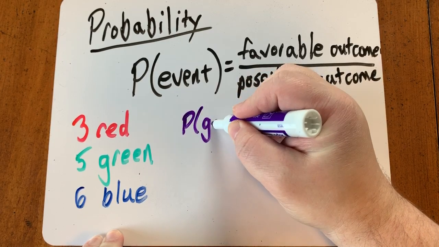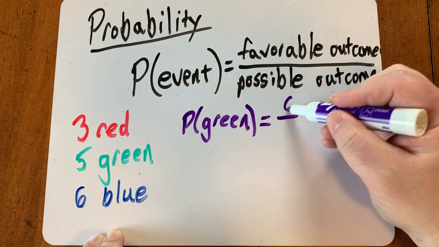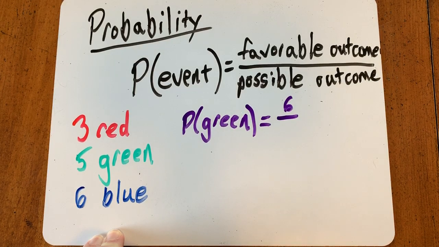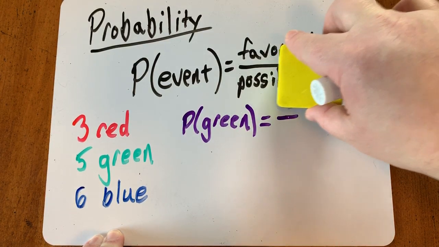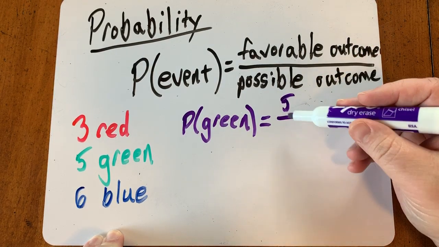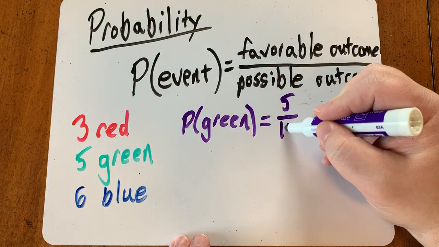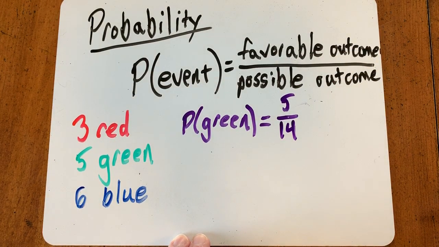Your probability of green, well, the favorable outcomes is 6. Oh, sorry, not 6, that's blue. The favorable outcomes is 5, and the total outcomes is 14. So it's 5 over 14.